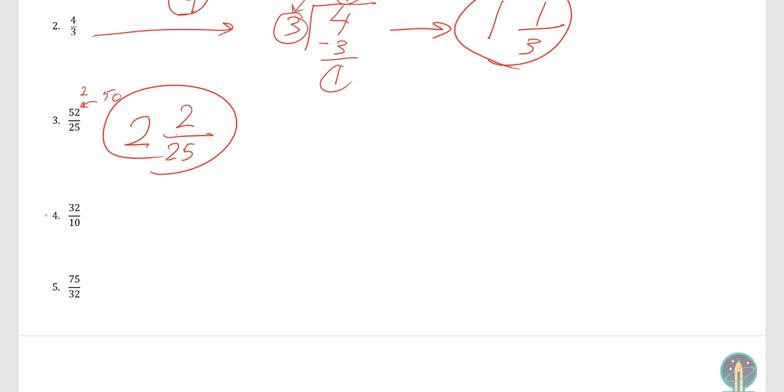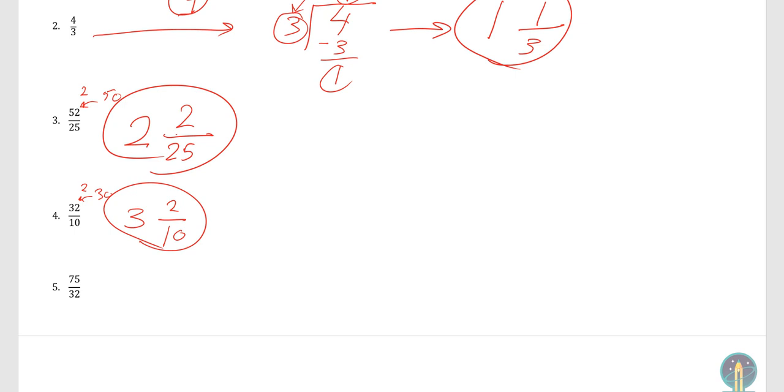The answer is there's 3 of them. There's 3 10s in 32, giving 30. But 30 from 32 is 2 away, so the remainder is 2. So you write the remainder on top of the fraction, and the denominator is the same denominator here in the mixed number.